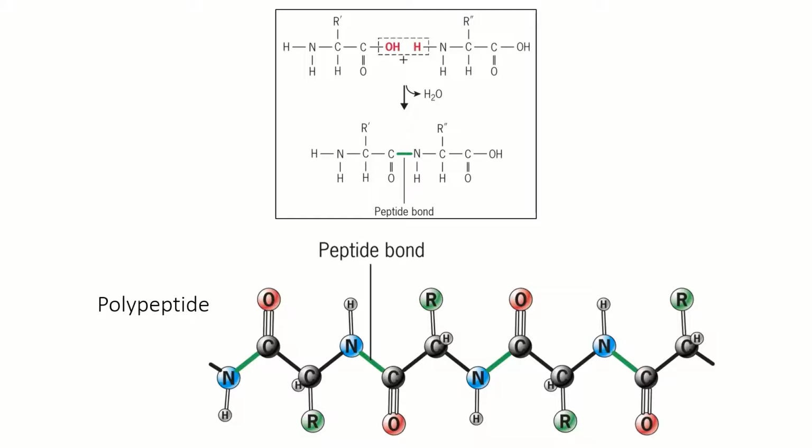And when several amino acids are bonded together through a peptide bond, a polypeptide is formed. And you can see here the side chains or the R groups are actually indicated in green, and the bonds are also indicated in green lines. And notice how each of the amino acids here contains an R group or a side chain.